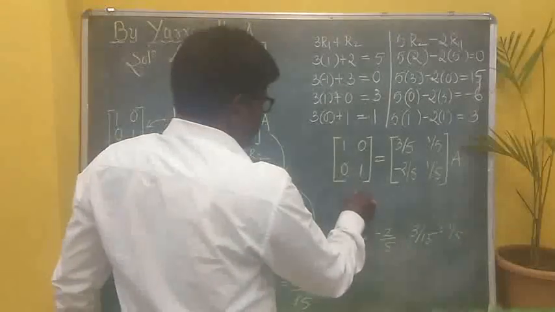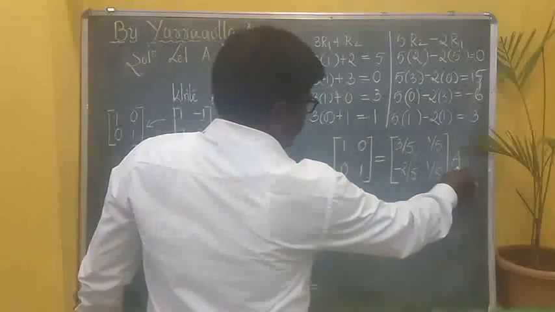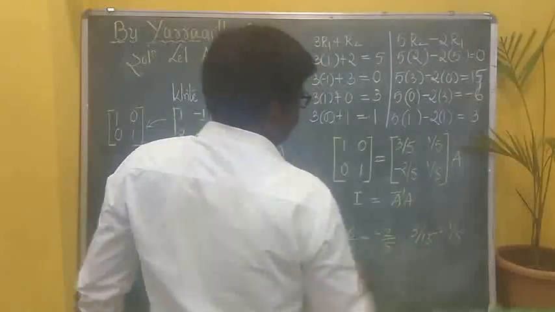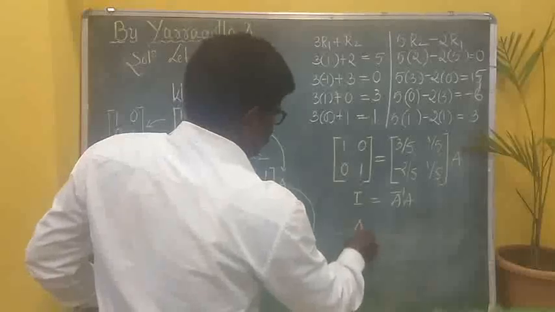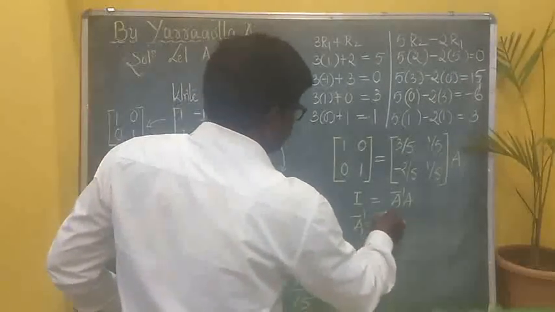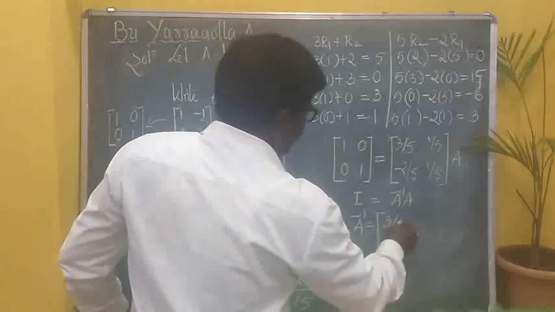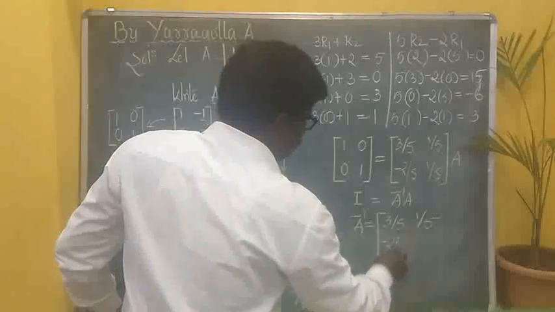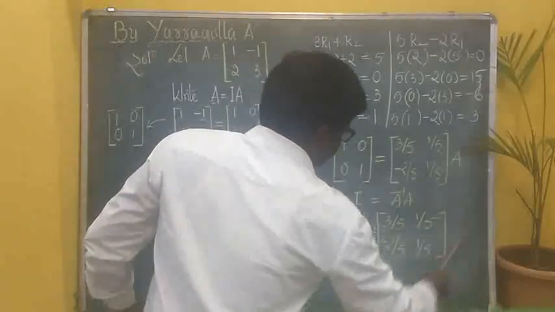See, this is I equals, it is A means, now this must be your A inverse into A. So therefore, A inverse is equal to the new matrix you got: 3 by 5, 1 by 5, minus 2 by 5 and 1 by 5. This is your answer.